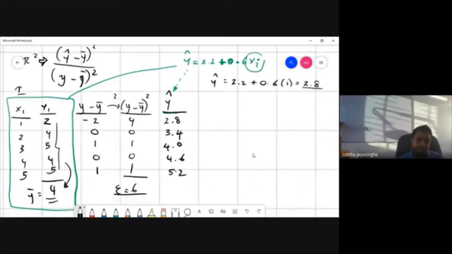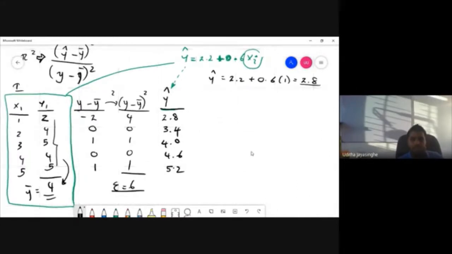And then all what I have to do is to calculate the y hat minus y bar, and then take the square value. I know the y hat minus y bar is going to be these individual numbers minus 4. Negative 1.2, negative 0.6. This is going to be 4 minus 4, 0.